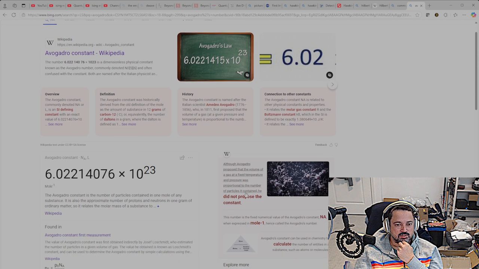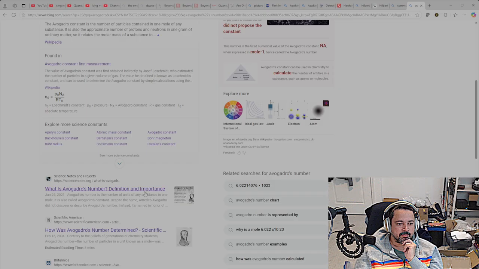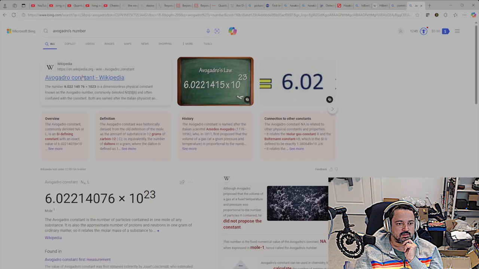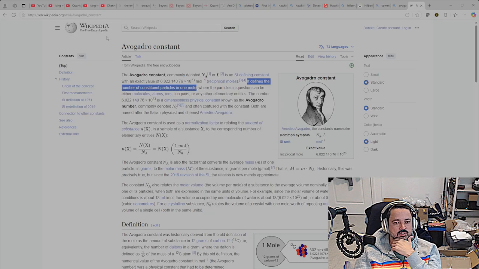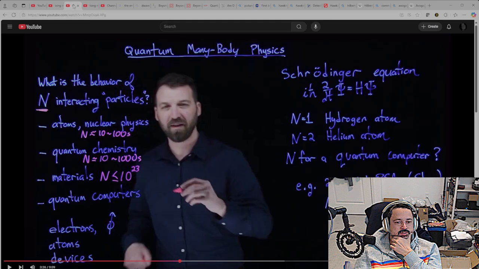Okay, what's the... It's got a Wikipedia. It defines the number of constituent particles in 1 mole. So essentially, if you're dealing with 1 mole, you have about these many particles. Nice.